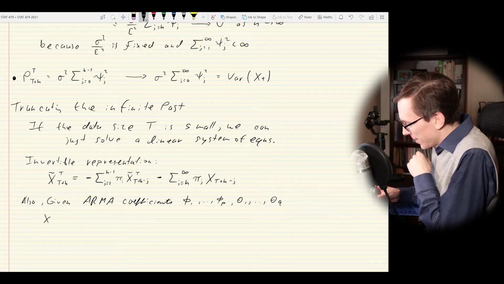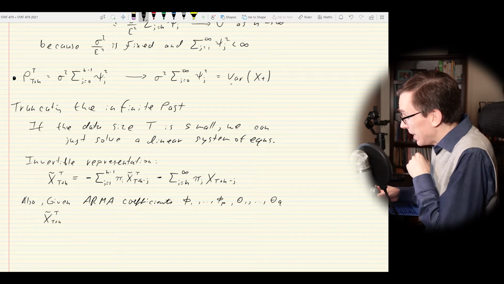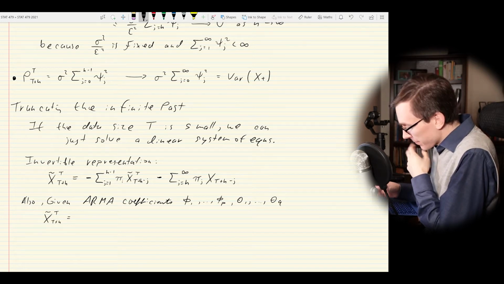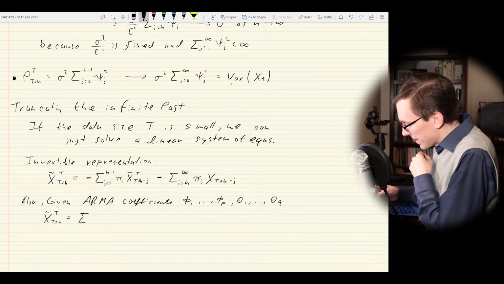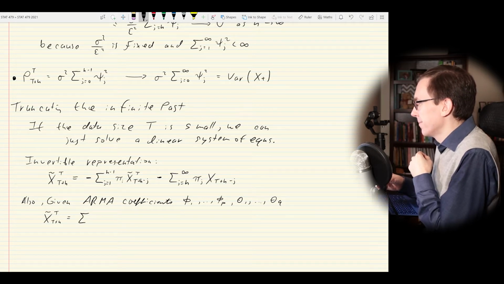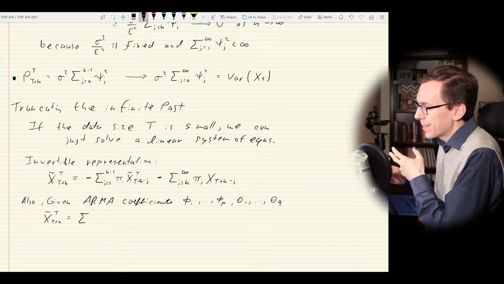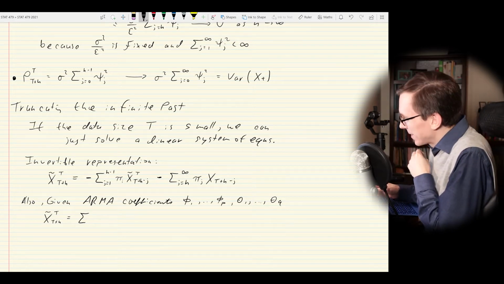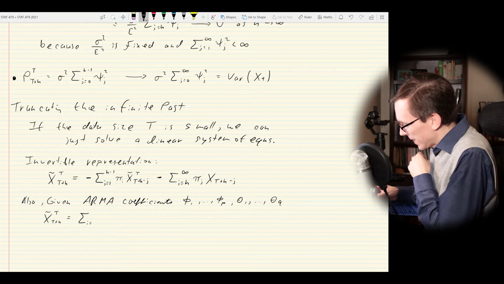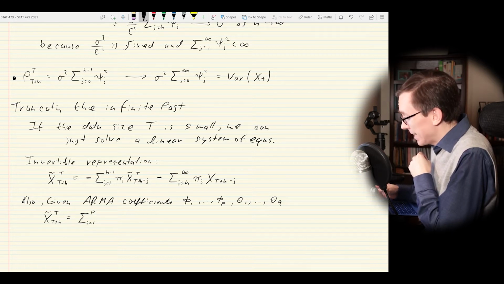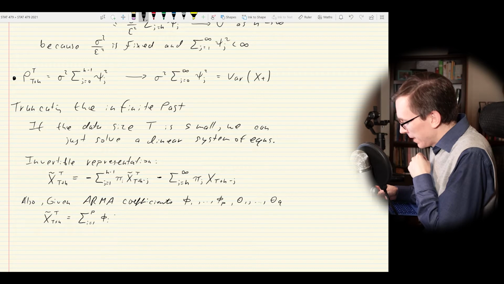Then what I can do is I can write x tilde t plus h. Well, I can just write this as the, trying to think if I should explain this slightly better or if this makes sense. I'm going to write it all out, and then I'll just tell you where this came from in case it doesn't make sense where it came from.